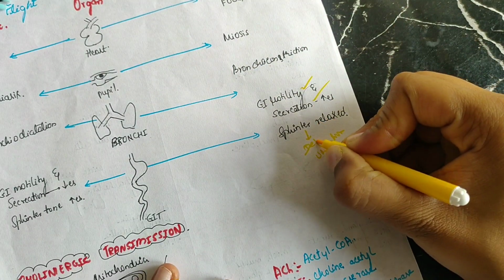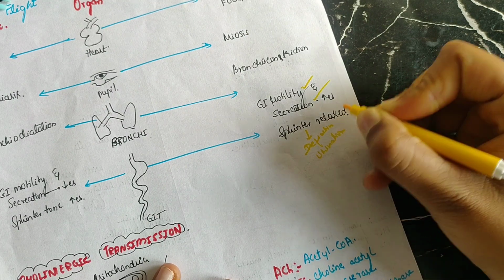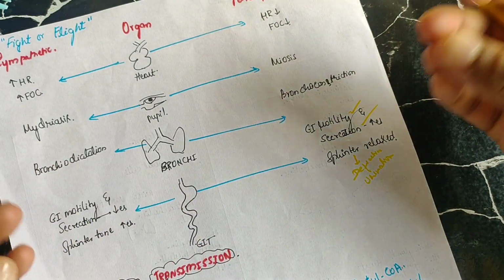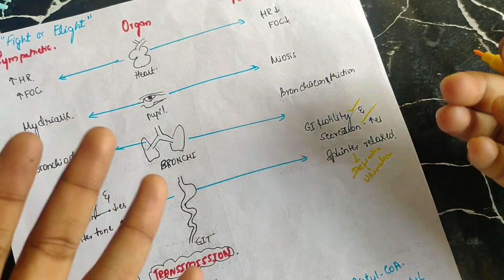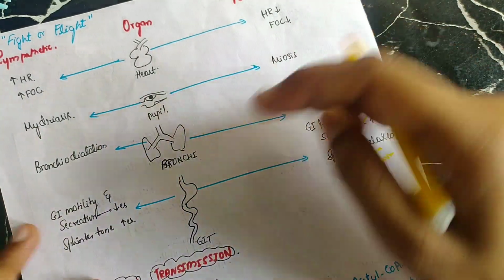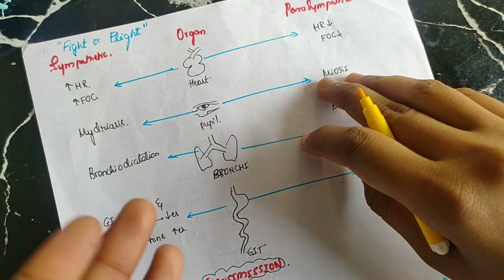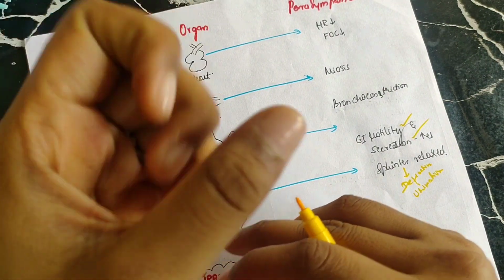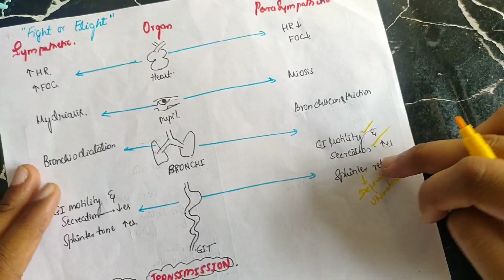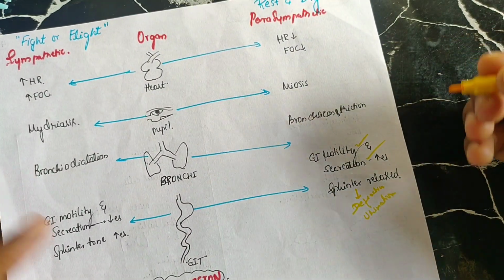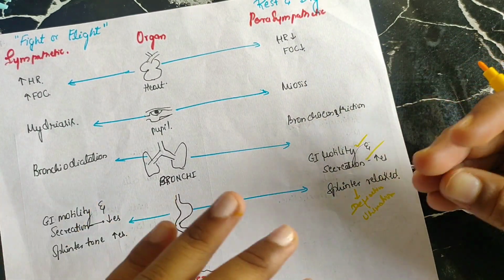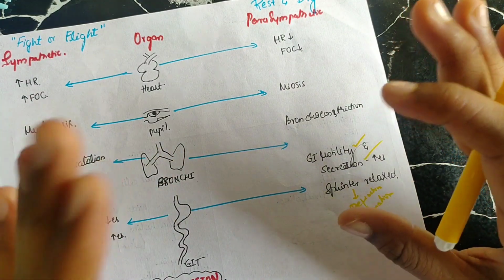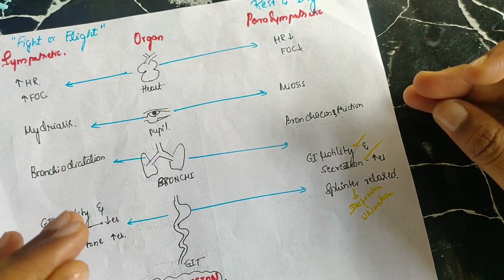Even if you are in an emergency situation and want to defecate or urinate, you will control it during that time. So in the sympathetic nervous system, the sphincter tone is increased, that is, sphincters are contracted, whereas under parasympathetic stimulation, the sphincters are relaxed, so you will defecate or urinate.